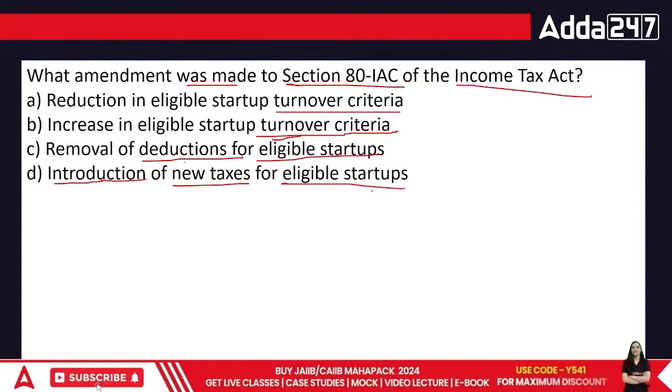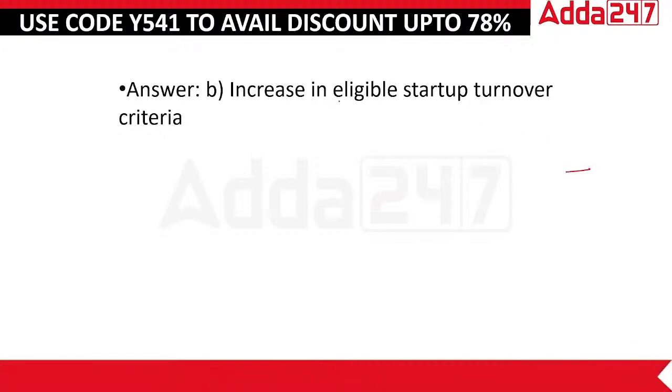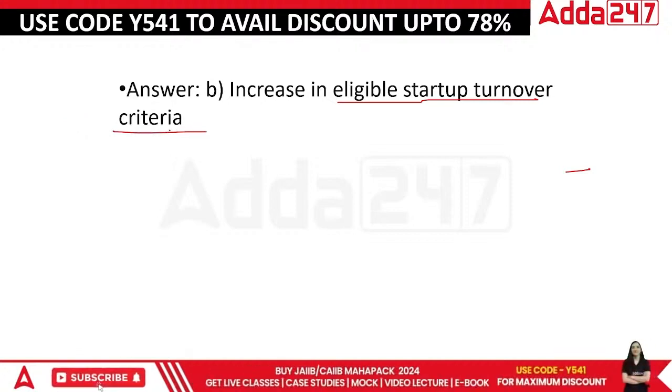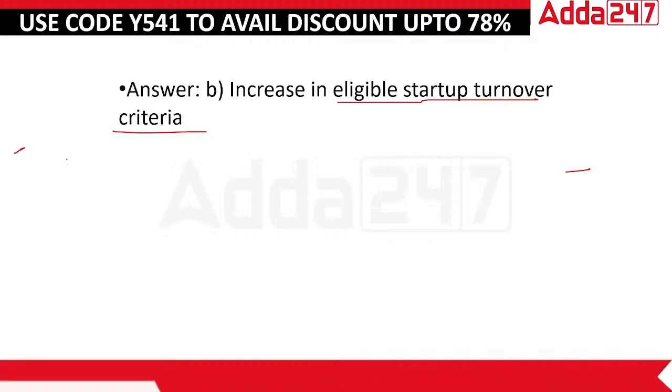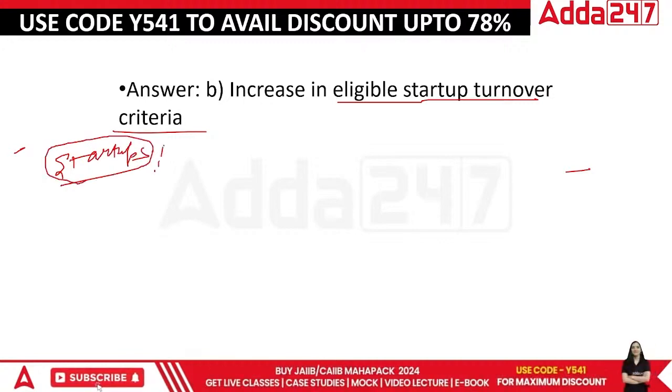80 IAC of income tax is basically helping the eligible startups, increasing the turnover criteria. They have increased the turnover criteria so that more of the startups can grow further. Because leaving the startups in such a situation where they are not able to grow at all, that's wrong now.